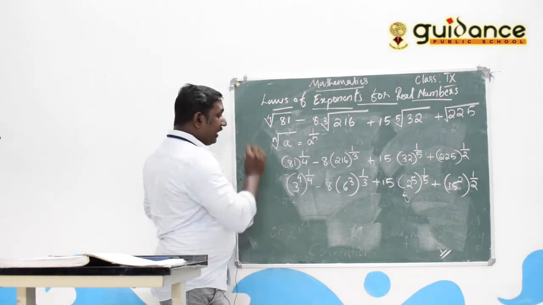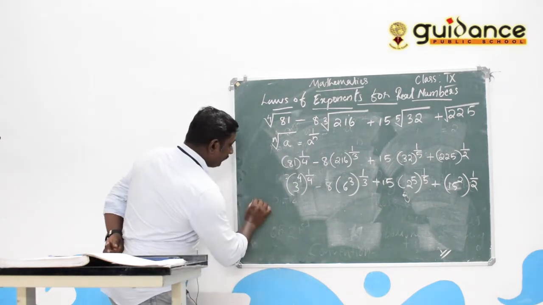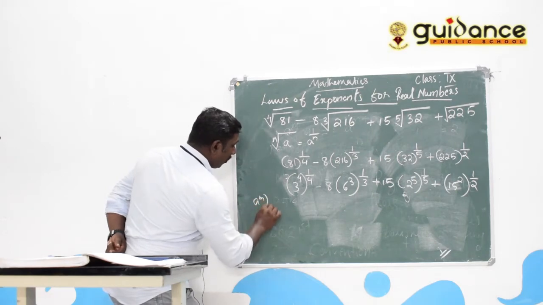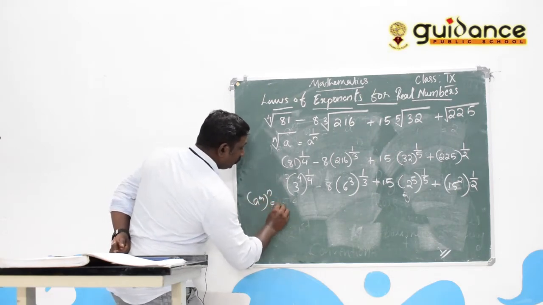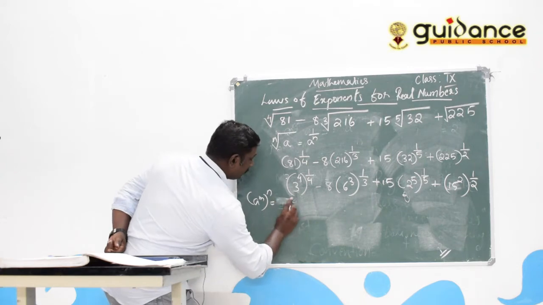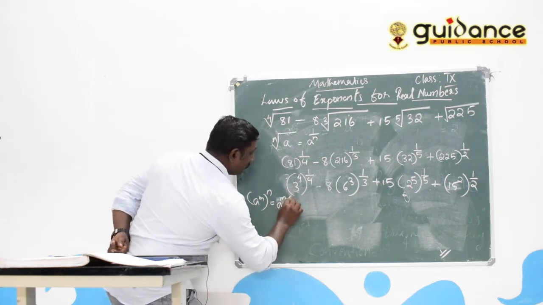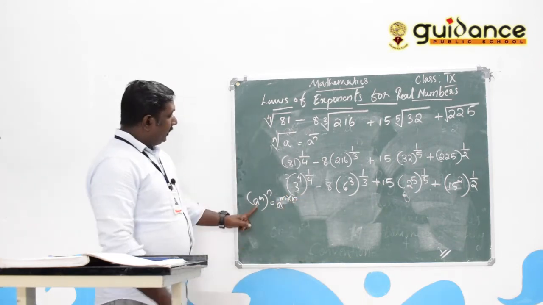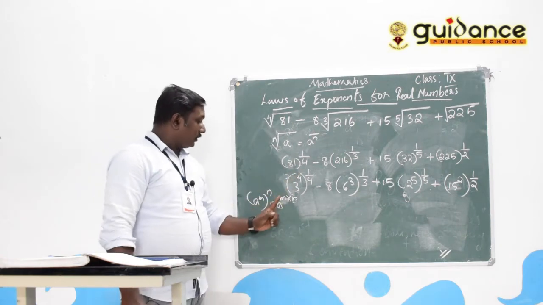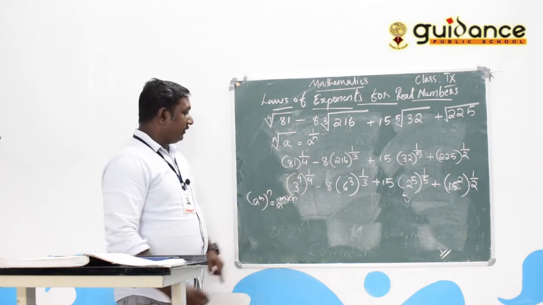So another identity here we can use, that is a raised to m all raised to n is equal to a raised to m into n.